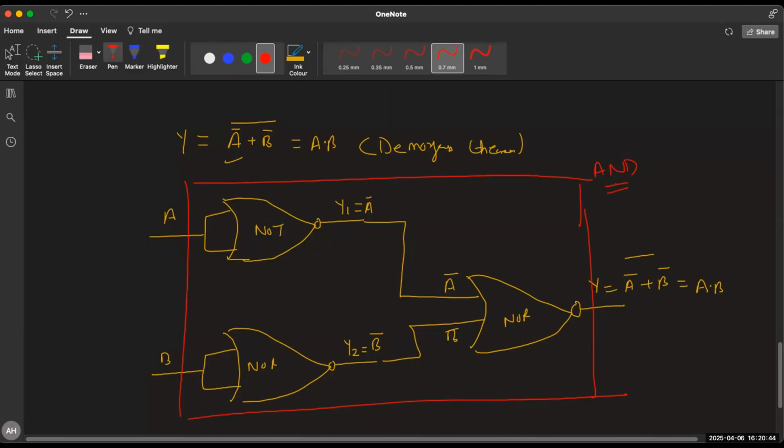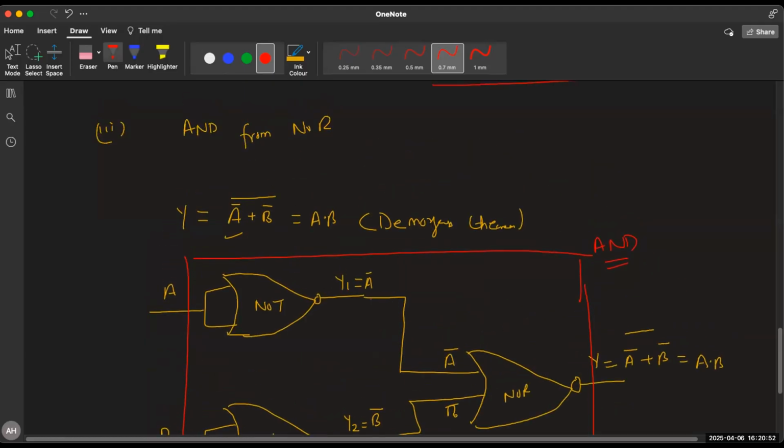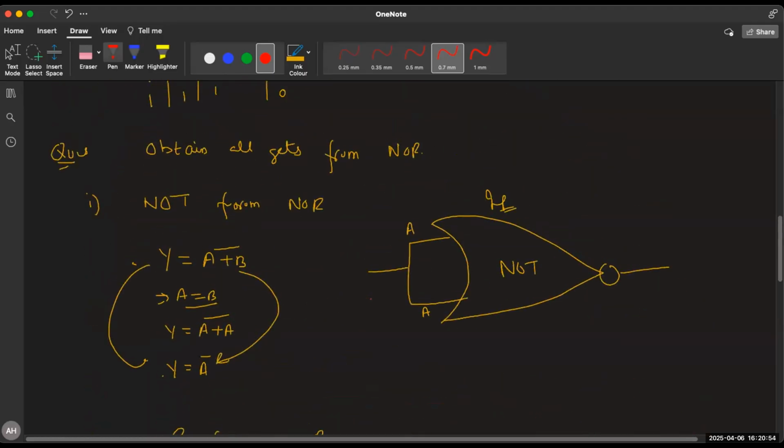Yes, sir. You can get the same question, but in opposite sense. Like it can ask you to produce all these gates using the NAND gate. I'm sharing that question also.